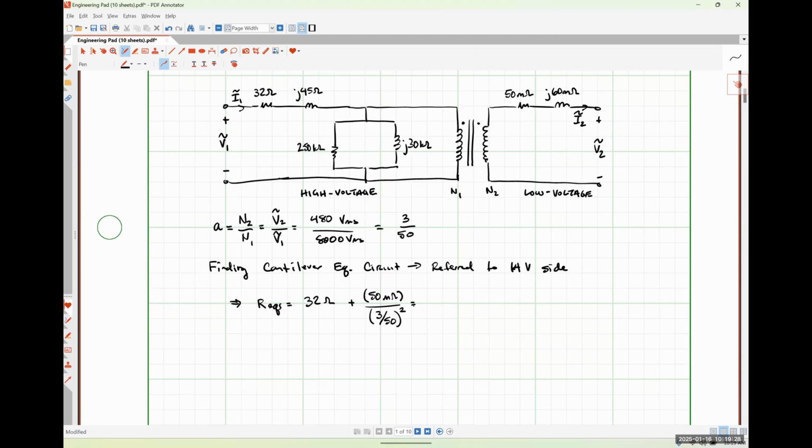So 32 plus 0.05 divided by 3 over 50 quantity squared comes out to be, when I did it, 45.889 ohms. So we can see that 50 milliohms of resistance when referred to the primary side looks like about 13.9 ohms.